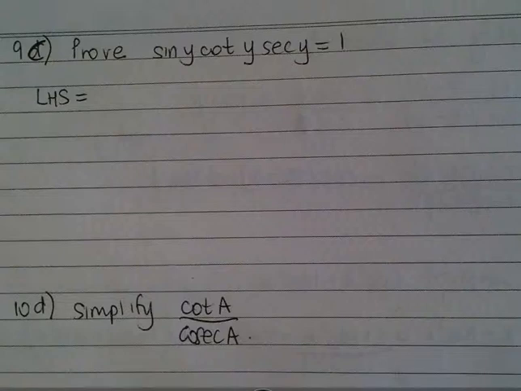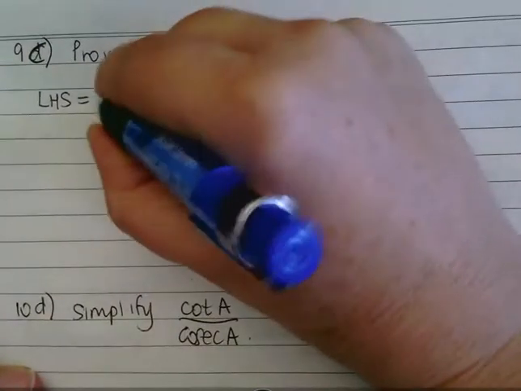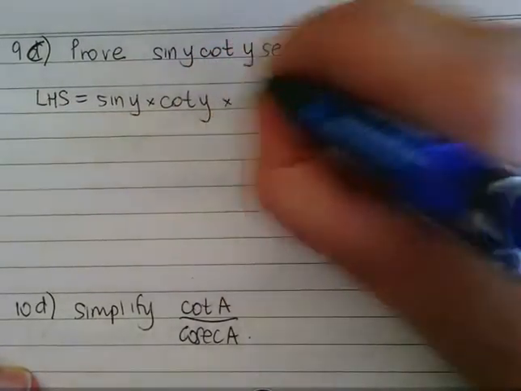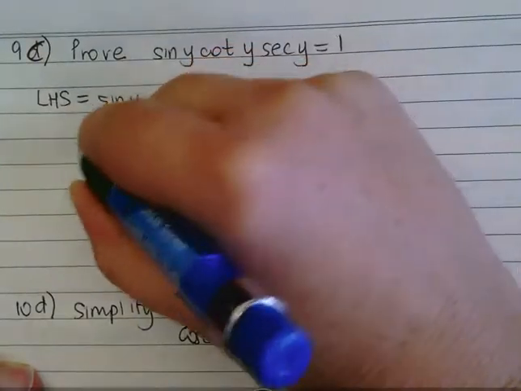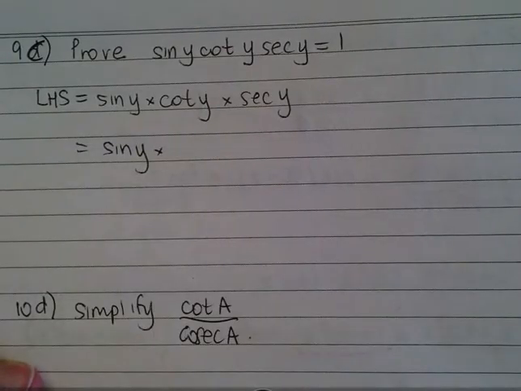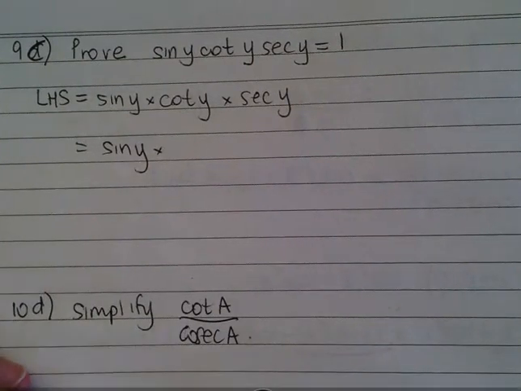Prove that sine y, cot y, sec y equals 1. So left-hand side is sine y times cot y times sec y. All right, sine can't change. What's cot? 1 over tan. I don't know if I'd do 1 on tan. I'd do the other one because you want some cancelling. Yeah, it's 1 on tan, but tan is sine on cos, so it's cos on sine.